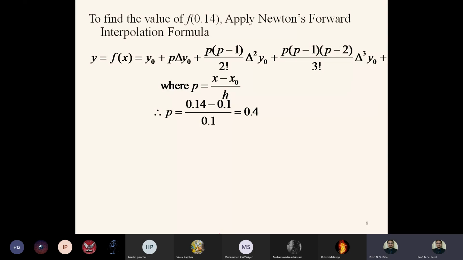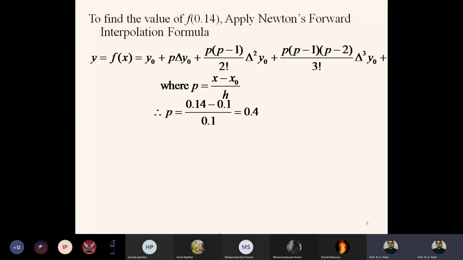So value of p is 0.14 minus 0.1 divided by 0.1. So using calculator, you can say that value of p is 0.4. It is a positive number, that is 0.4.